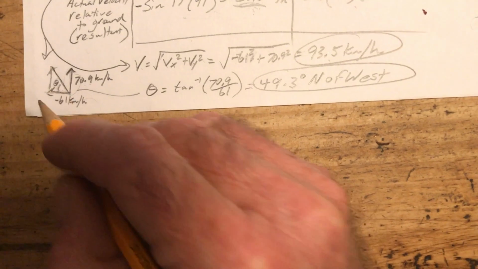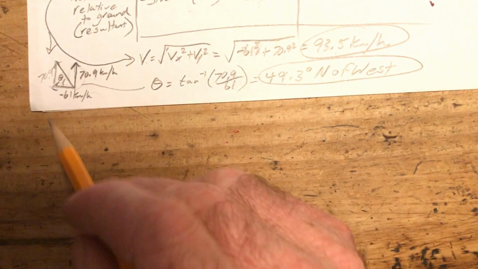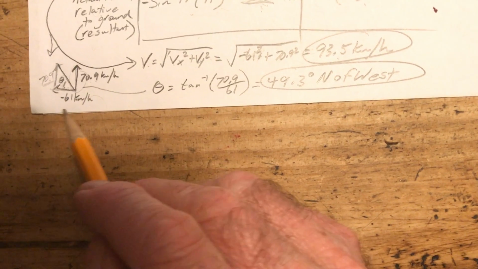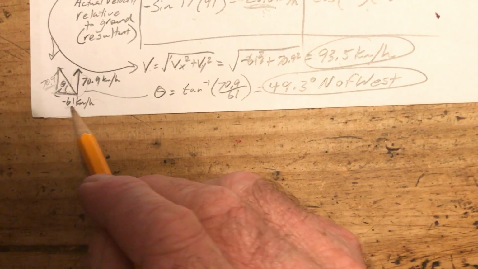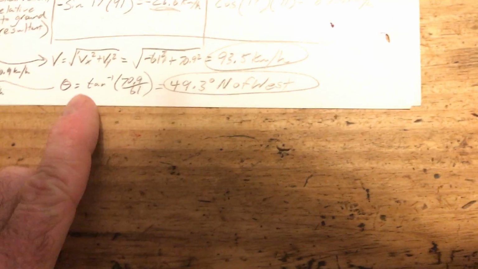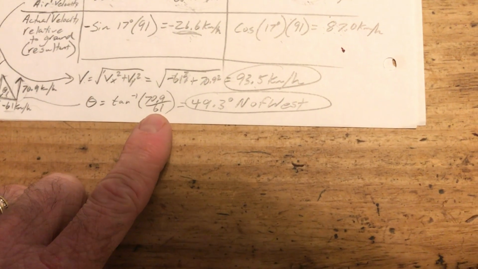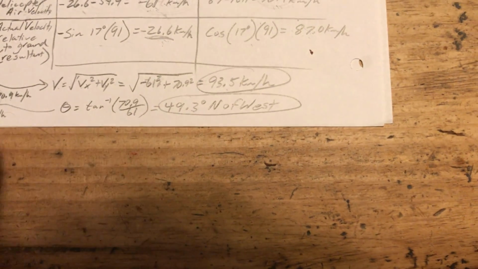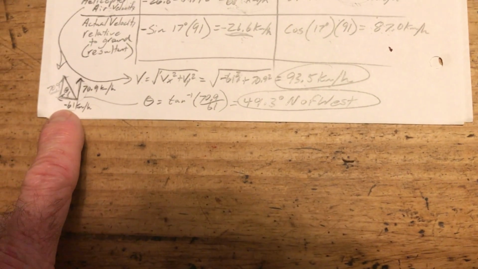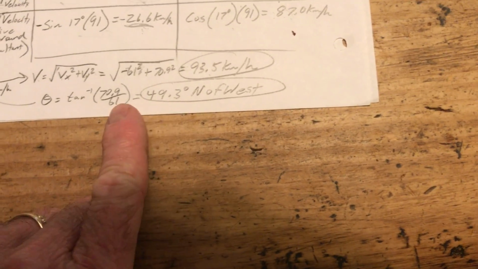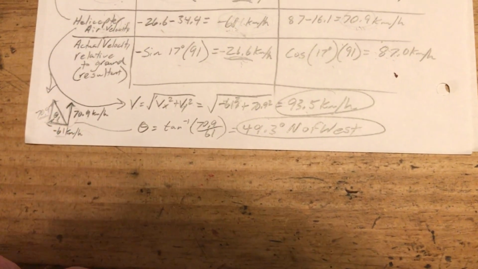So I've got a right triangle with the opposite equal to 70.9 and the adjacent equal to negative 61. So I can do the inverse tangent of 70.9 over 61, and I get 49.3. And I just put in the absolute value of that. Works. So 49.3 degrees is the direction north of west there.